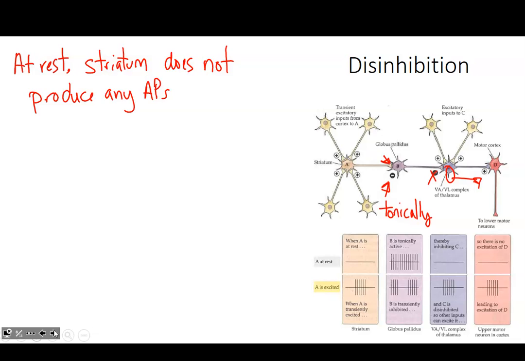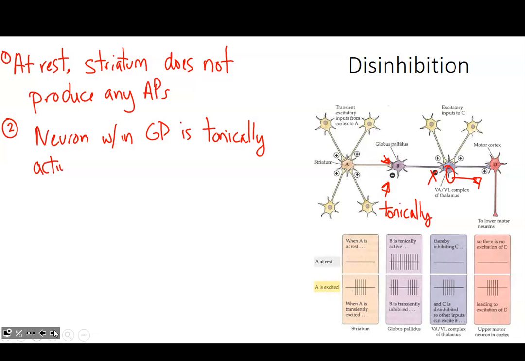Because there's no input coming into it. And so if this is number 1, number 2 would be that neuron B, that is a globus pallidus neuron. This neuron is tonically active. The medium spiny neuron from the striatum doesn't do anything, right? So it produces GABAergic output.